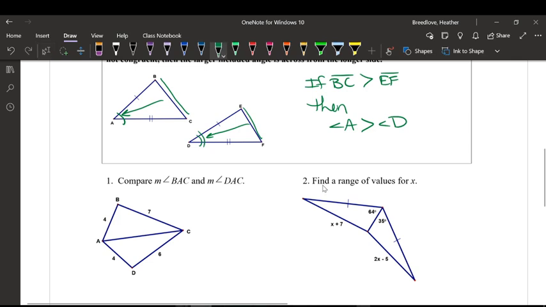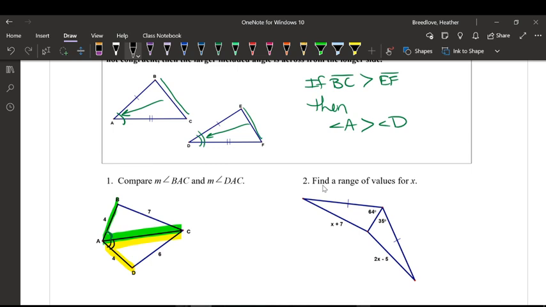When you have three letters talking about an angle, if you trace them, B to A to C is talking about this side of angle A. And D to A to C is talking about the other side of angle A. Because we can't just say angle A, since we don't know which one it would be talking about. There's three ways we could look at angle A.